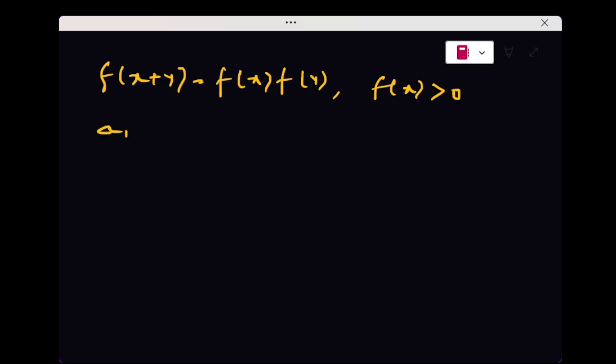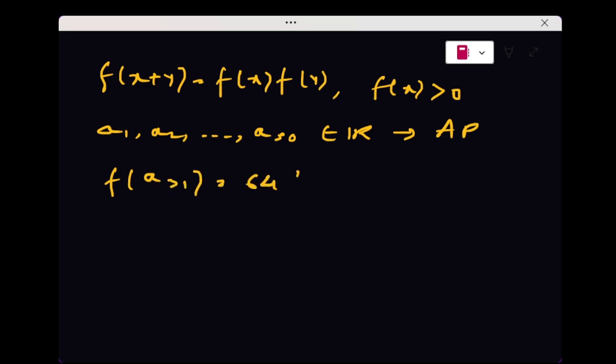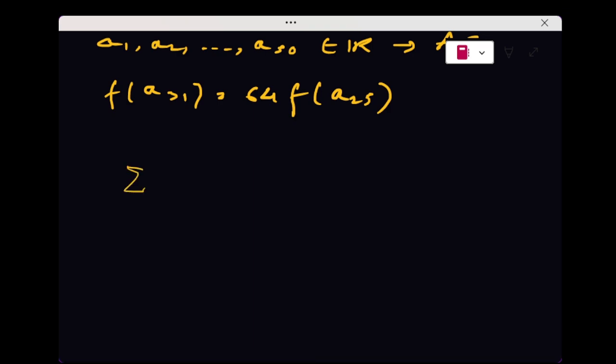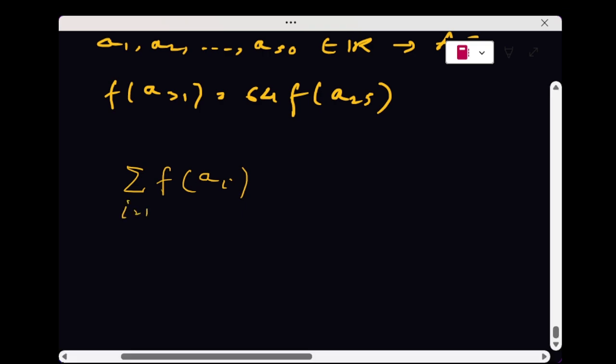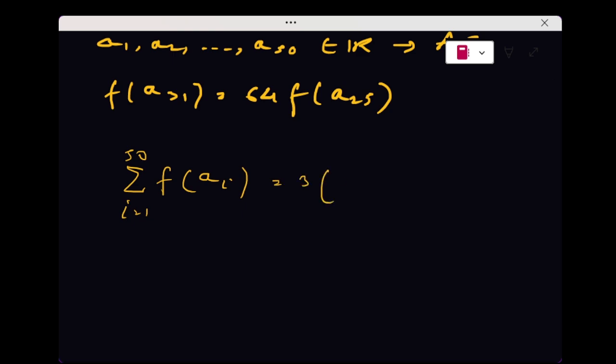Also a1, a2 up to a50 are all real numbers such that they are in AP. f(a31) is equal to 64 times f(a25), and we are also given that the summation of f(ai), where i is from 1 to 50, is equal to 3 times (2 to the power 25 plus 1).